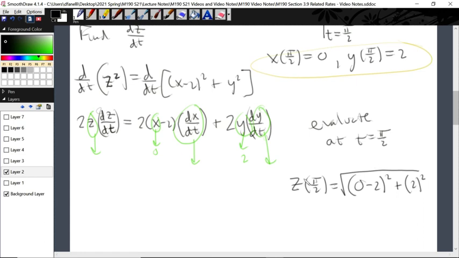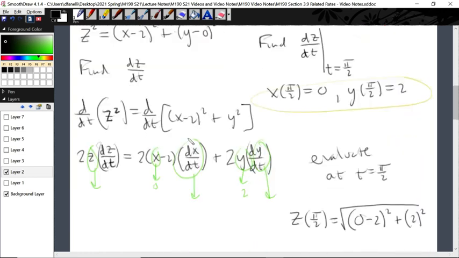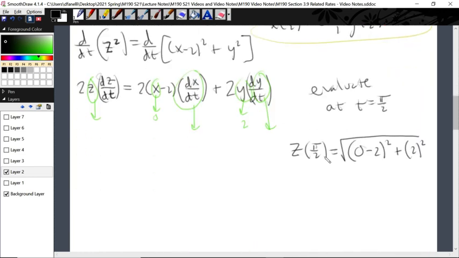In order to evaluate z at pi over 2, we went back to our equation here, solved for z, and evaluated x and y at pi over 2, because z, x, and y are all functions of t. So this is going to be 4, and 4 is 8, so we get the square root of 8, which is equal to 2 root 2. So z is equal to 2 root 2 when we evaluate t at pi over 2.